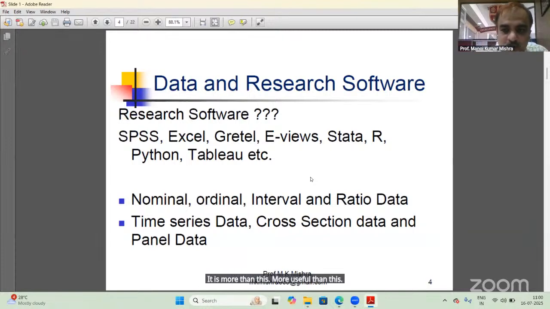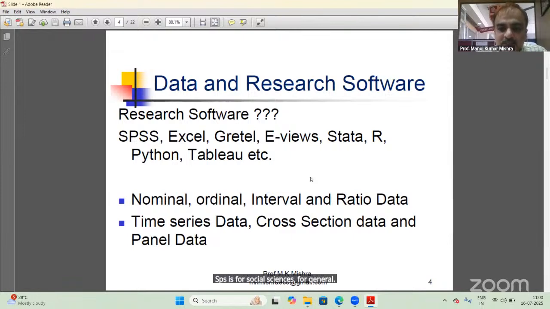The function of all software is the same, but some are specific and some are specialized in a particular area. Like E-views, it is generally more useful for econometric modeling. SPSS is for social science research, for general purposes.